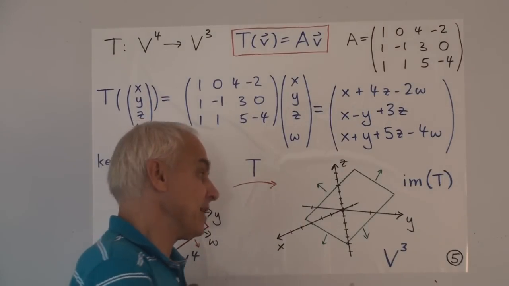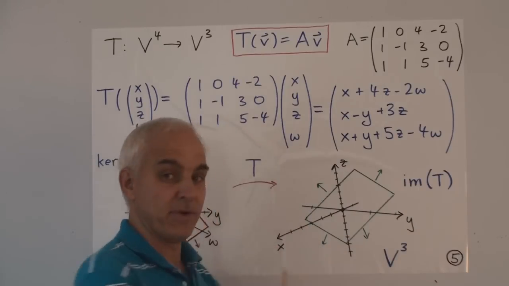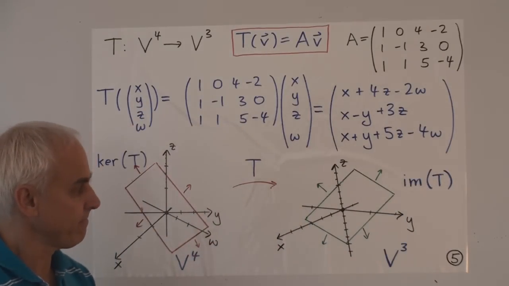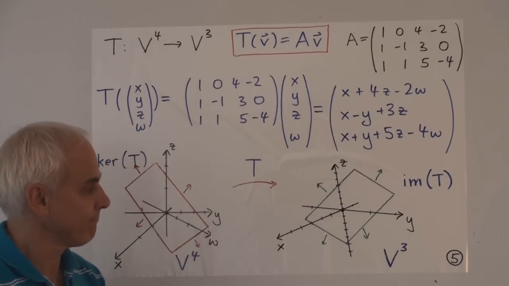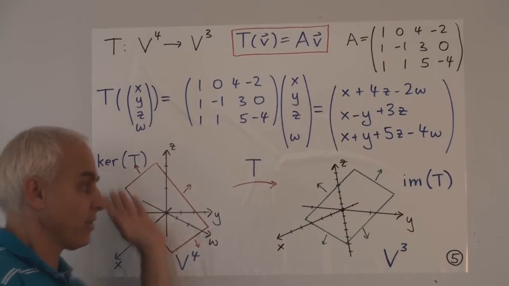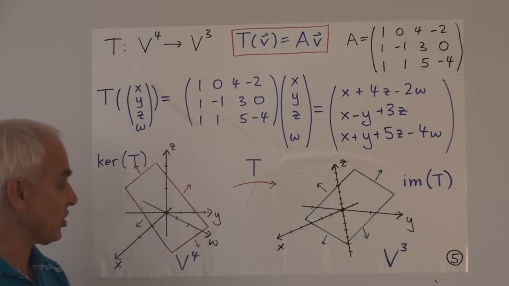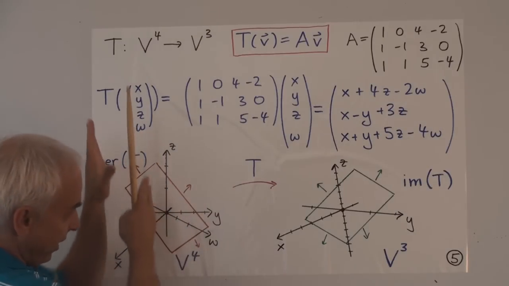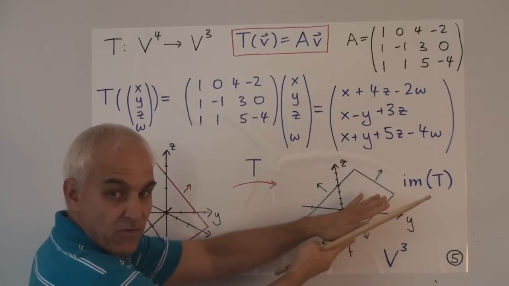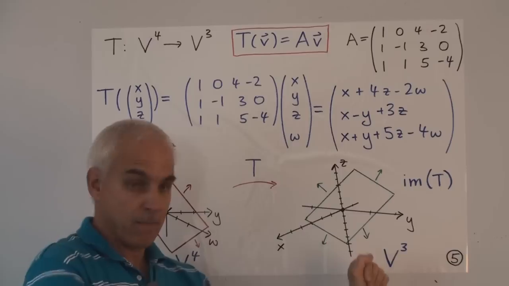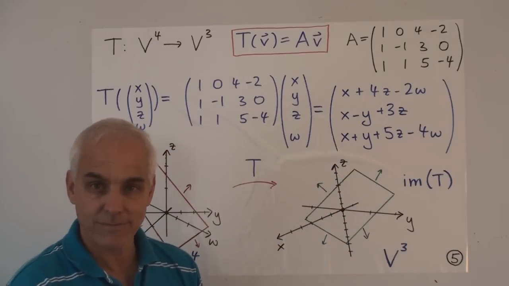And the other thing that we'll need is a certain space over here in the three-dimensional space, the image of the transformation. What is that? Well, as the name suggests, it's just all those vectors over here that are actually the result of applying the linear transformation to some vector over here. So if we look at all the vectors over here, the linear transformation sends them to various vectors over here. But maybe the vectors that we get over here are not the whole space, but just some portion of it.